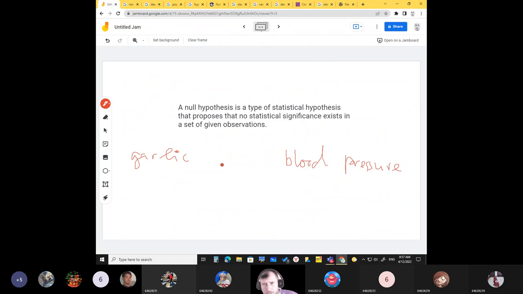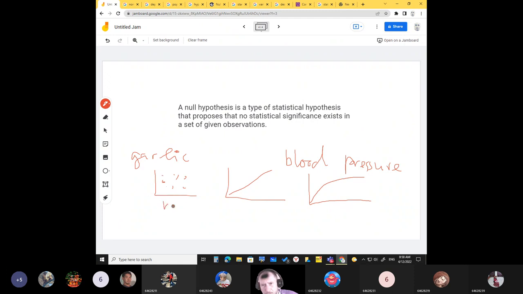So we are trying to find relationship between garlic and blood pressure, right? So there could be three possible: no relationship, strong, or weak, right? Effect of garlic on blood pressure.